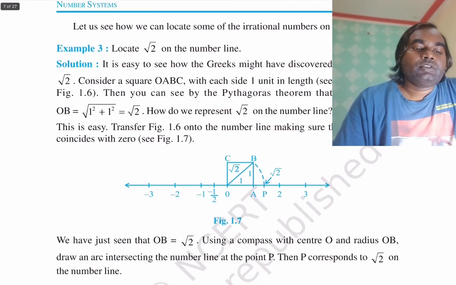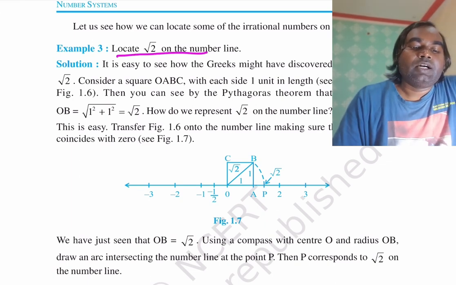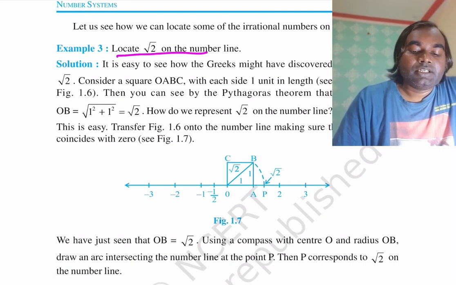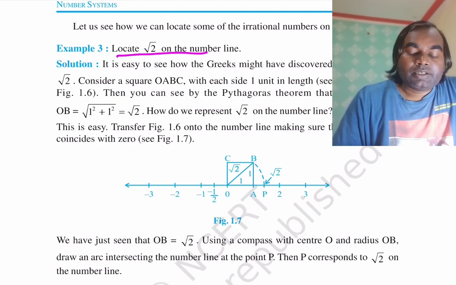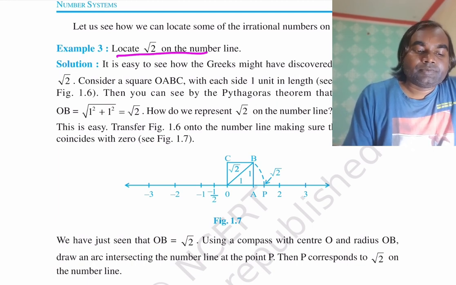Now take an example. Locate square root 2 on the number line. How can you do that? To locate square root 2 on the number line, we just use the Pythagoras theorem.